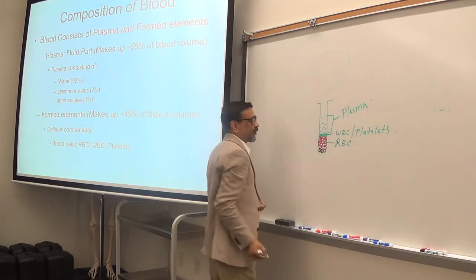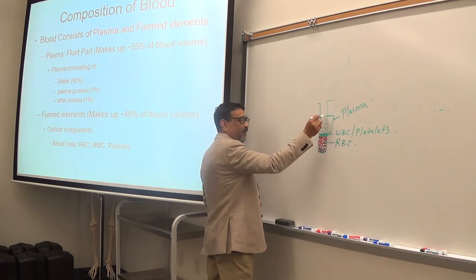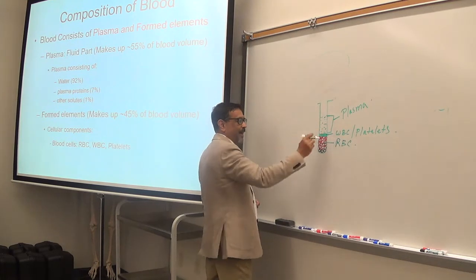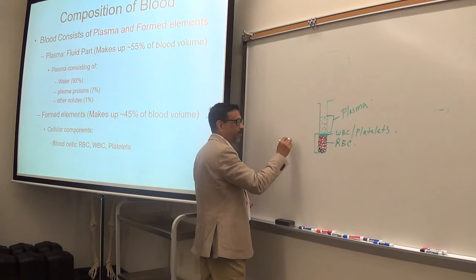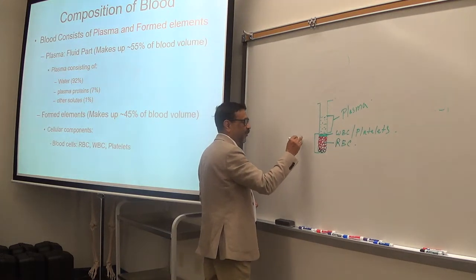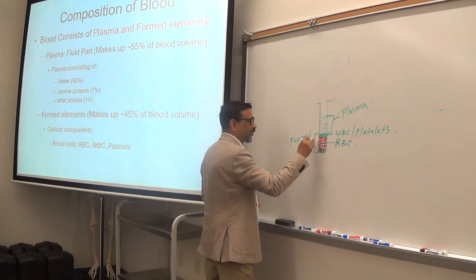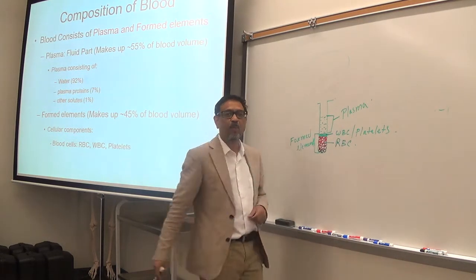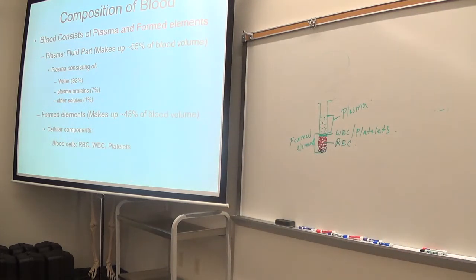Okay, so plasma is the liquid part that will go to the top, and blood cells are called the formed elements. Formed elements will go to the bottom if you centrifuge the blood for a few minutes. All blood cells will go to the bottom and the liquid part will go to the top.